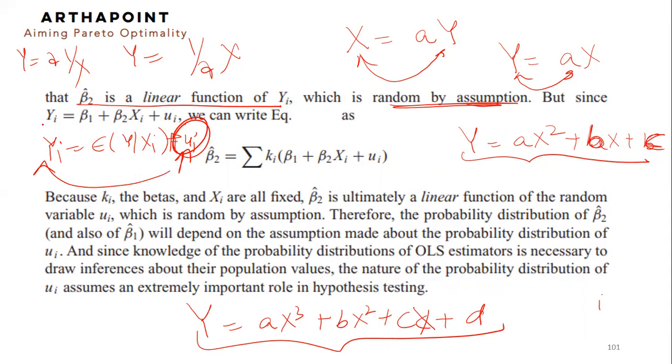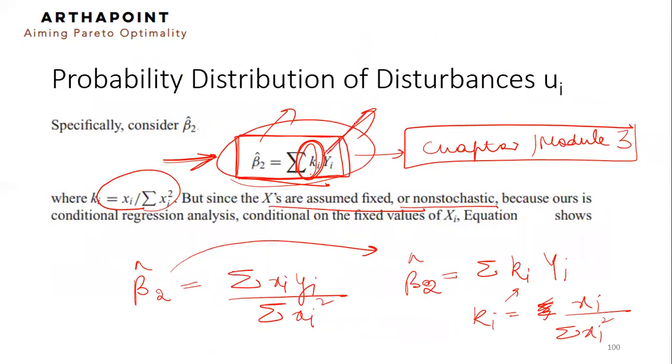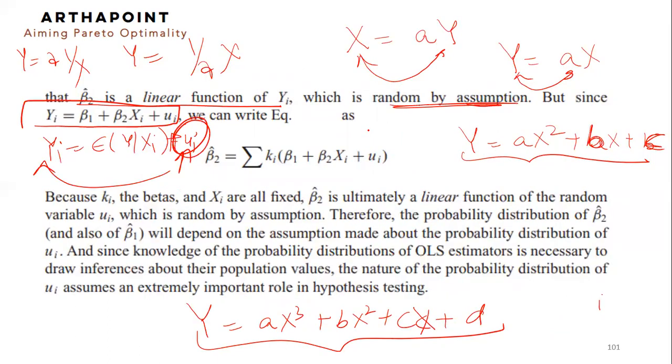Okay, so since yi is beta 1 plus beta 2 xi plus ui, I can here replace this yi by this value, and I get beta 2 hat is equal to summation ki, beta 1 plus beta 2 xi plus ui. Because ki's, betas, xi's are all fixed, beta 2 hat is ultimately a linear function of random variable ui.